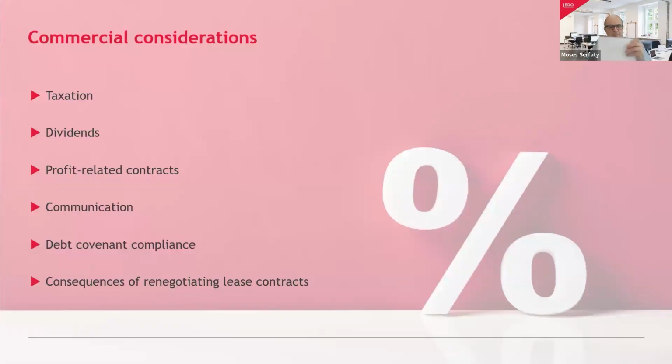Tax, again, don't take this as a view on the tax, but for UK companies and UK preparers, we probably shouldn't see too much change on tax. But if you, let's say, are consolidating overseas subsidiaries, there may be either some current tax or foreign or deferred tax impacts. Dividends, how might that manifest itself as a problem?